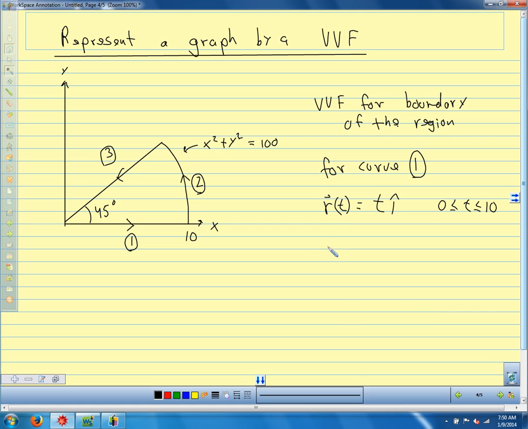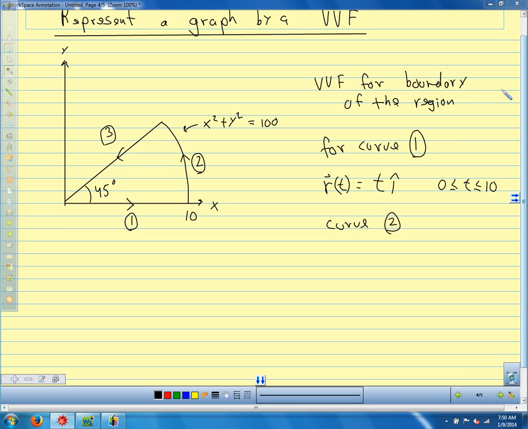For curve 2, we don't have to use t, we don't have to use the same parameterization. So what would be an easy, familiar way that we've done before to parameterize this curve? How have we parameterized the circle before? Sines and cosines, right?